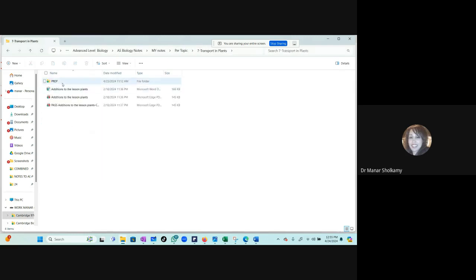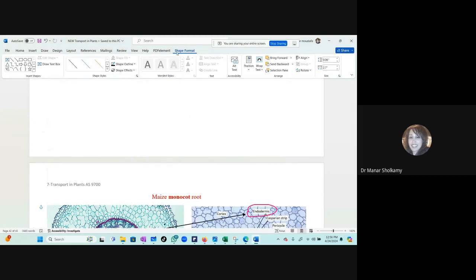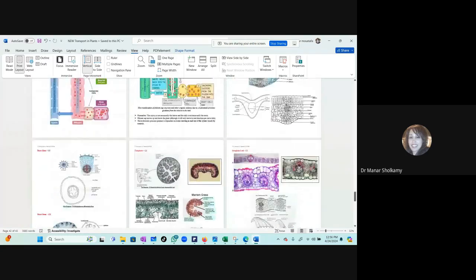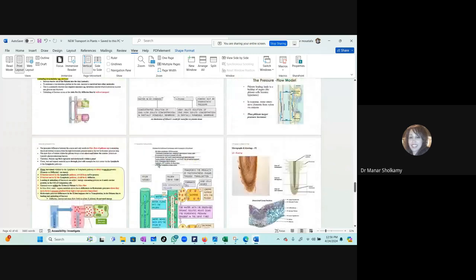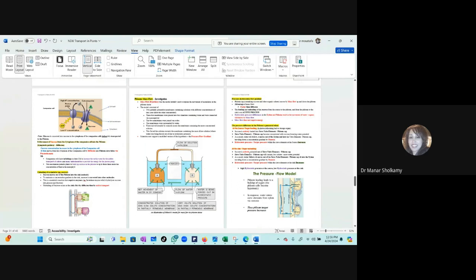What is the function of the endodermis? It is in your notes, and we did say it in class. I checked myself. Who remembers? You will all stay silent? What happens at the endodermis? By the way, I said it while I was explaining.